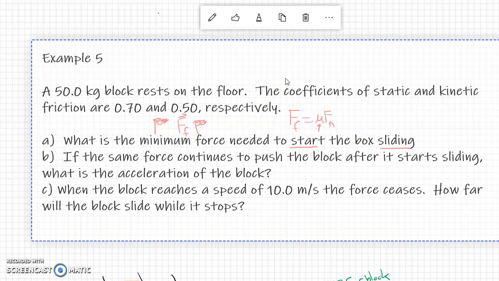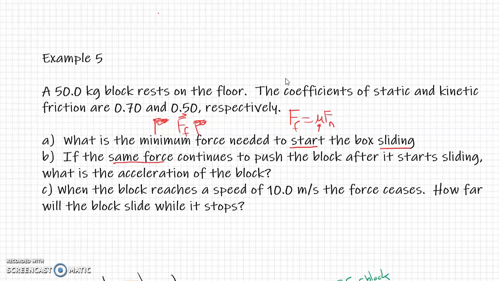Then the same force, so we're going to continue with that amount of force. It's going to continue to push after it starts sliding. So as soon as I'm starting to slide, what I'm thinking here is this is what we call kinetic friction, or sometimes we call this sliding friction. And again, because it's going to start sliding, what I'm thinking here is static friction.